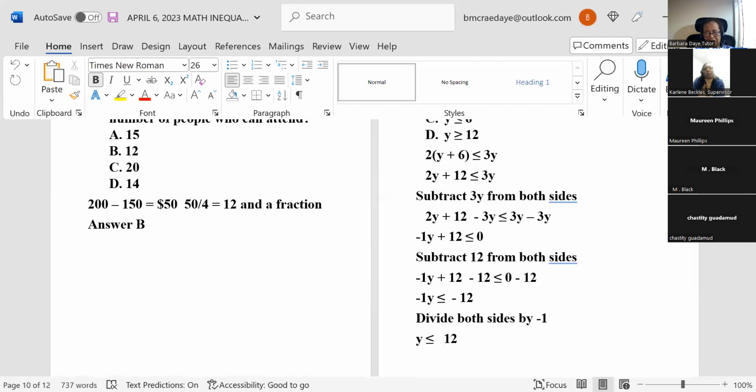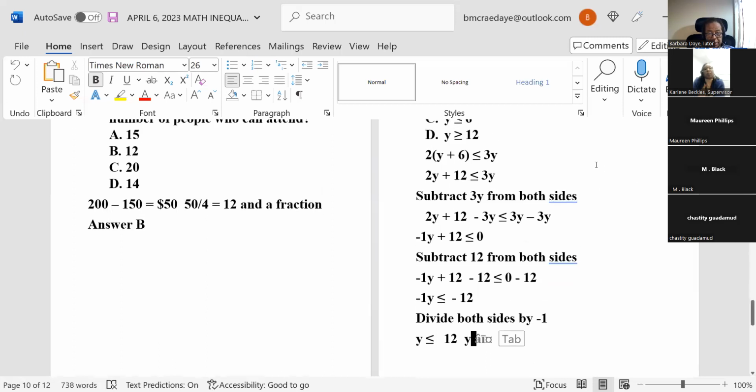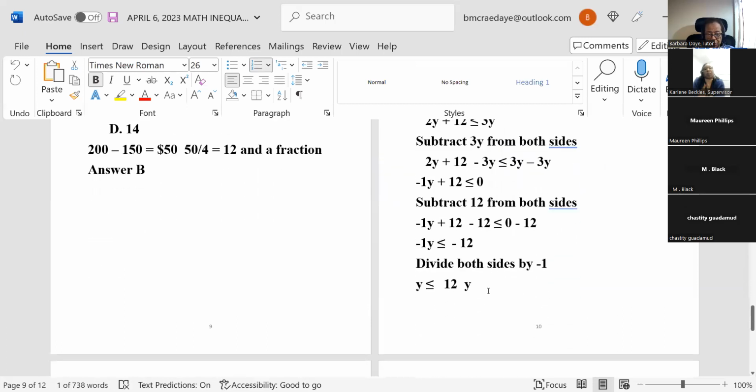Negative divided by negative is positive. But since we divide by a negative, we reverse the inequality sign. So this becomes y greater than or equal to 12.